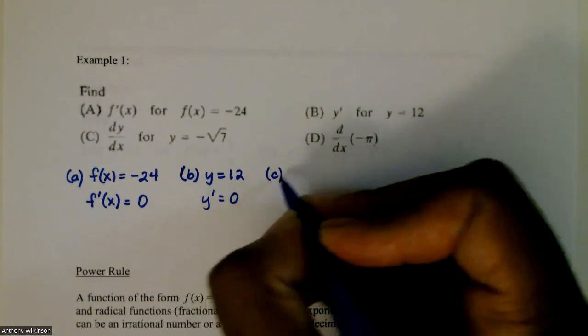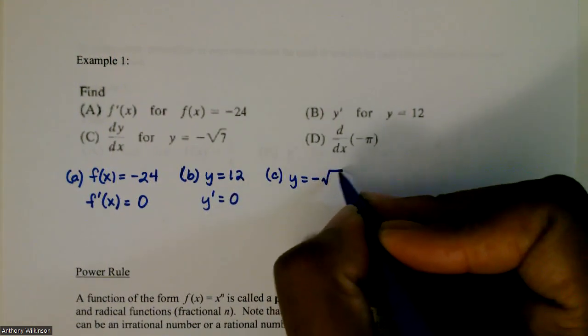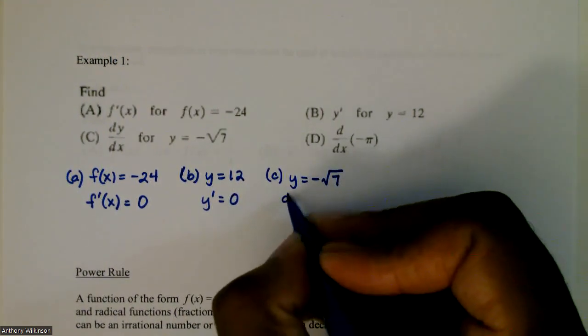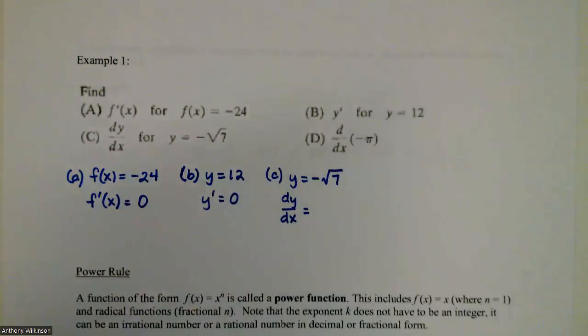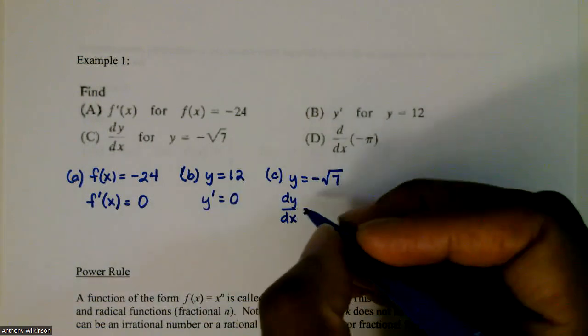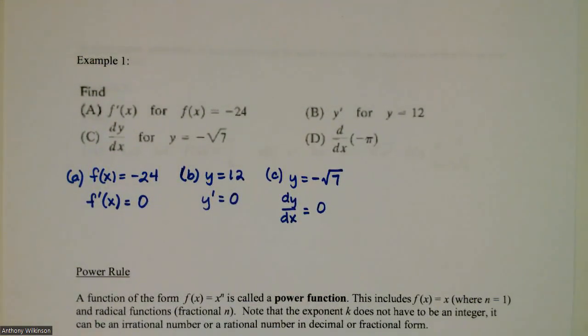Now part C, we have y is equal to negative square root of 7. We want to find dy dx. Well, again, negative square root of 7 ends up being a constant. So its derivative, or dy dx, would be 0.